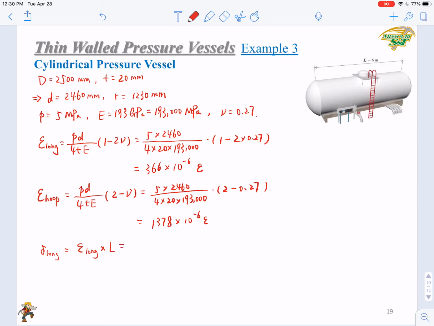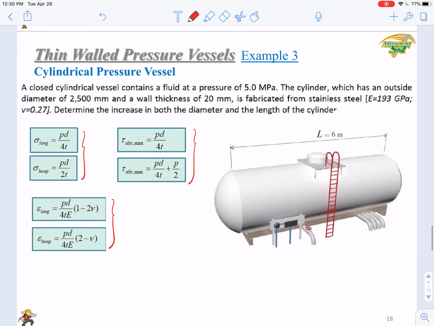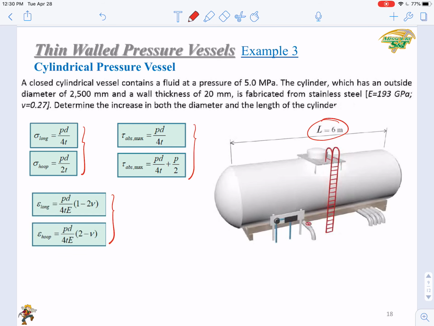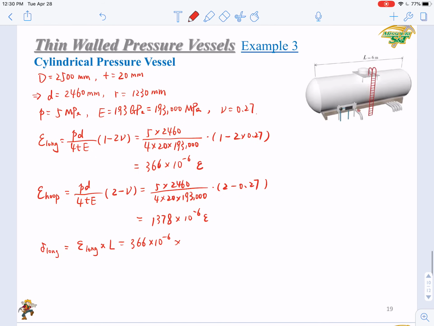You have 366 microstrain times it's 6 meter, 6,000 millimeter. It'll be 2.2 millimeter. This is the length change of this vessel.